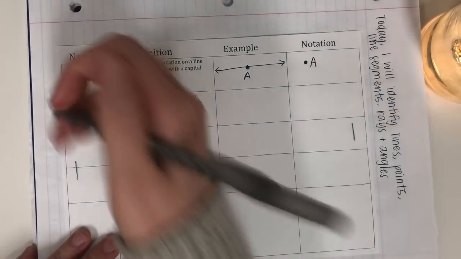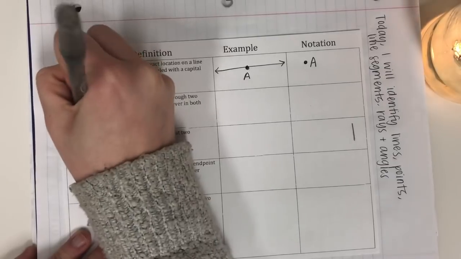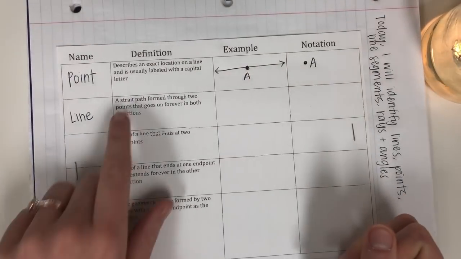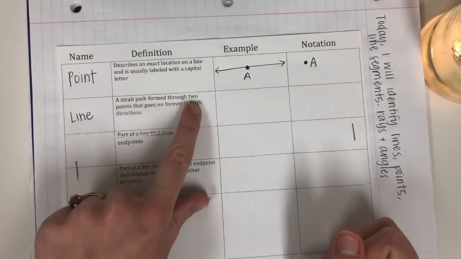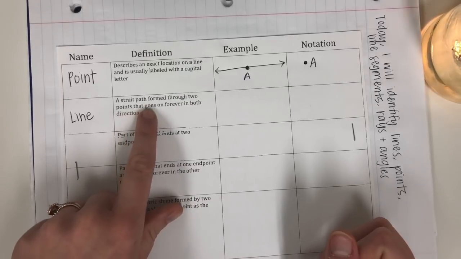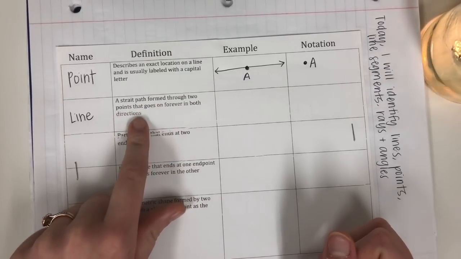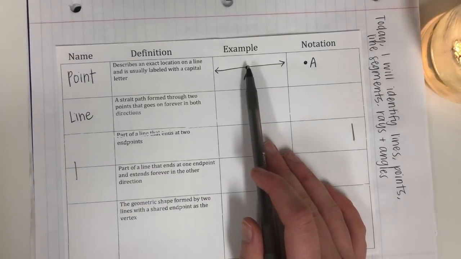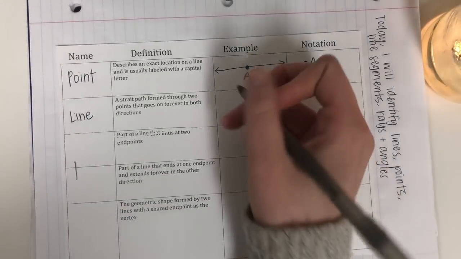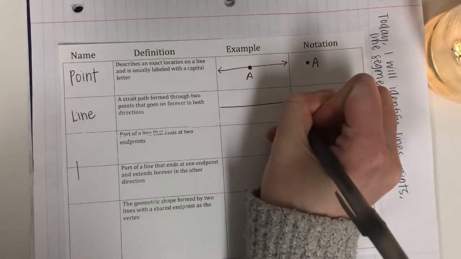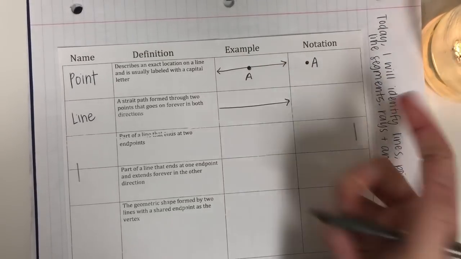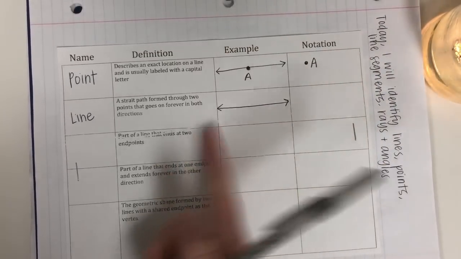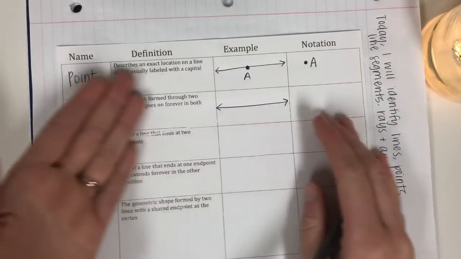Okay, our next one is a line. A line is a straight path formed through 2 points that goes on forever in both directions. So here, this is not a line because it does not have 2 points. It goes forever on this end and it goes forever on that end. That arrow means that it can continue.